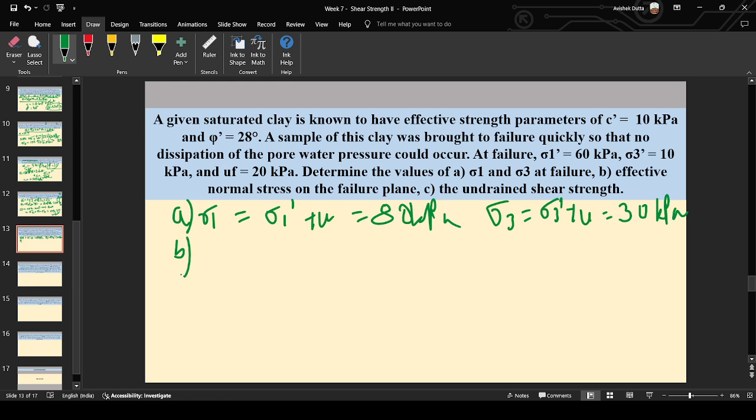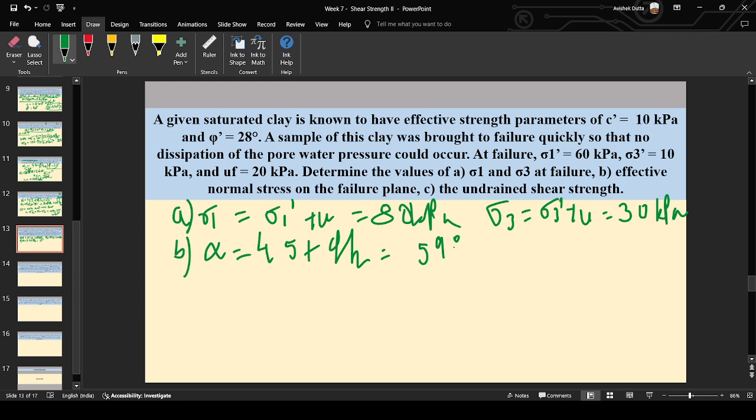Now in part B, we have the effective normal stress on the failure plane. For the failure plane, phi is given, so find the value of alpha, 45 plus phi by 2, which is 59 degrees.